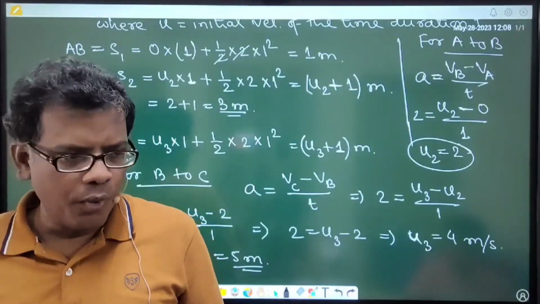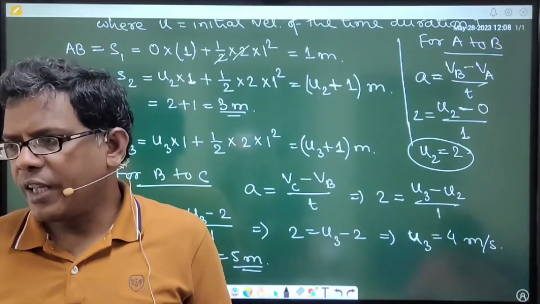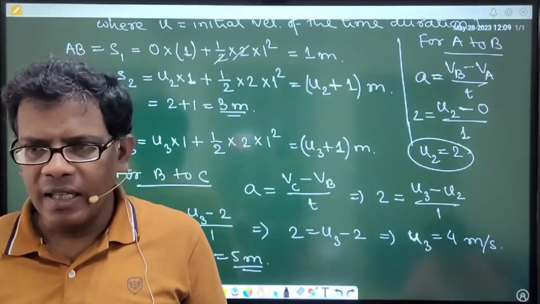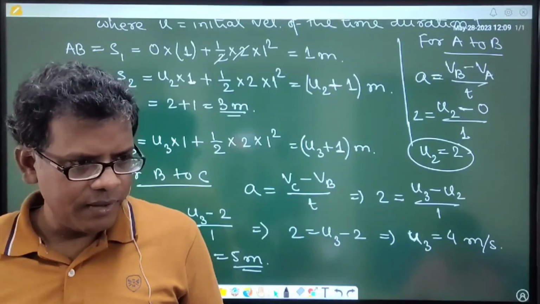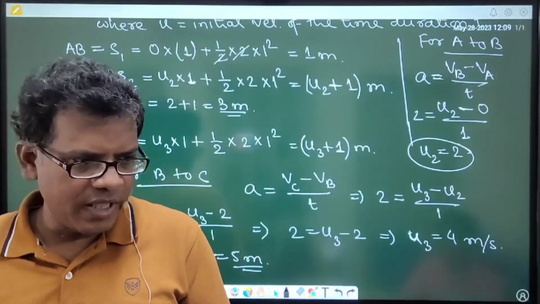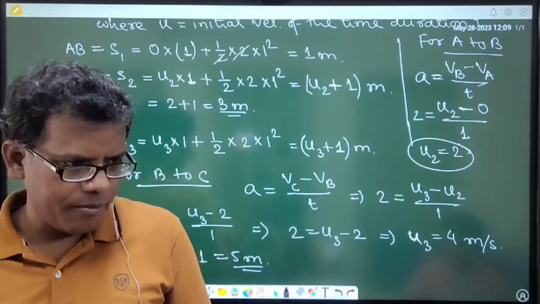The value u that you use in the formula should be the velocity absolutely at the starting position of the displacement path, right? a must remain constant, and t must be the time duration involved in that journey.